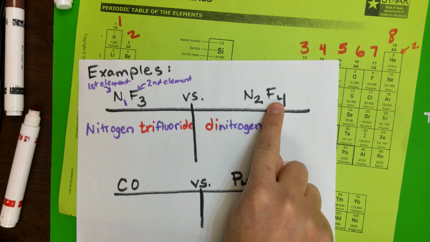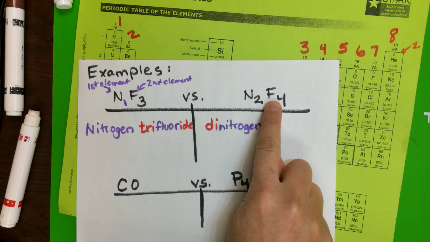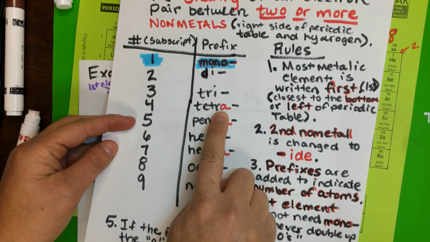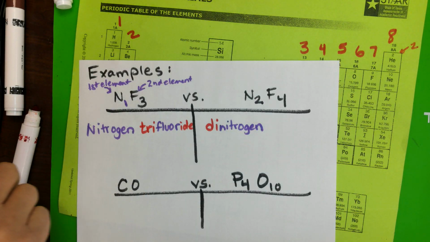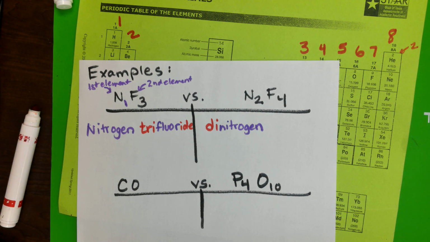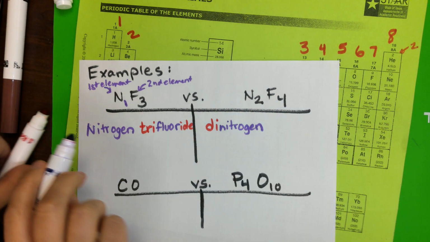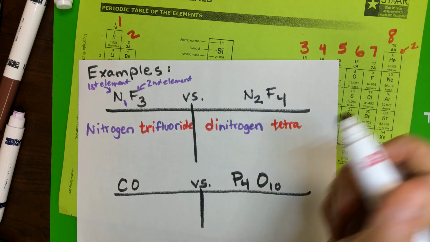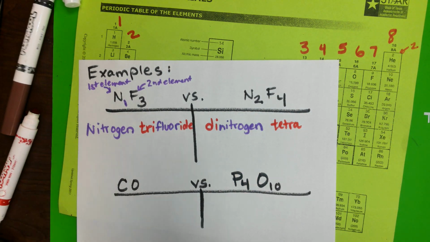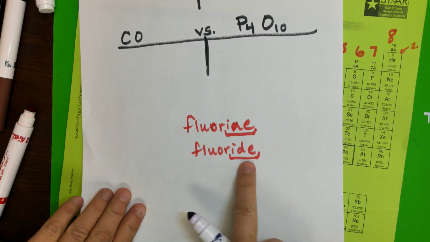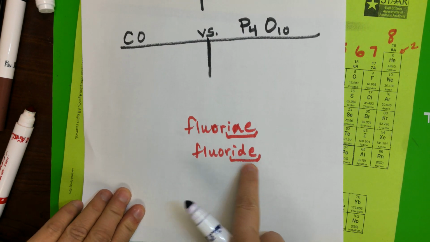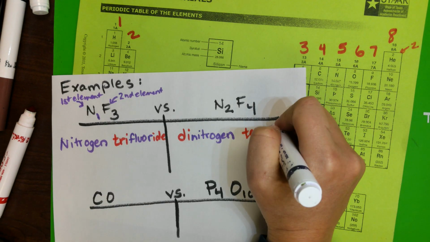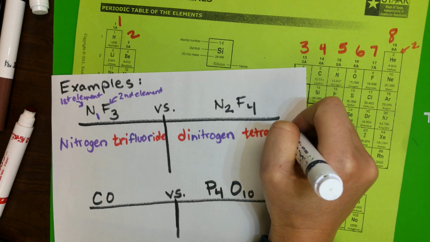Okay, and then the second one is the fluorine is 4. So that one's tetra. Okay, tetra. So we're going to go ahead and put tetra. I'm going to put it in red. So tetra. And then I'm going to put, again, fluoride. Okay, because the second name always will have IDE. Okay, so I'm going to put fluor.